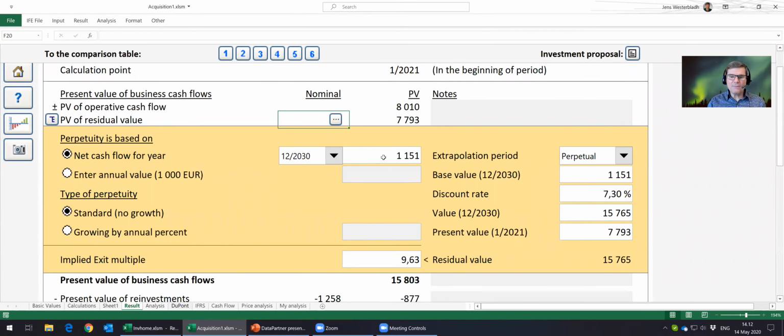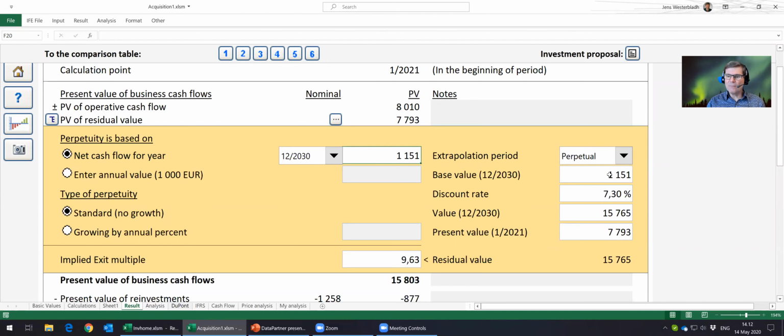And it bases the perpetual value on the last year's free cash flow, 10th year, 2030, with a free cash flow of 1.1 million, 1,151,000, without any growth or decrease forever.